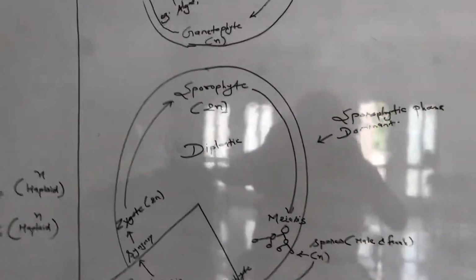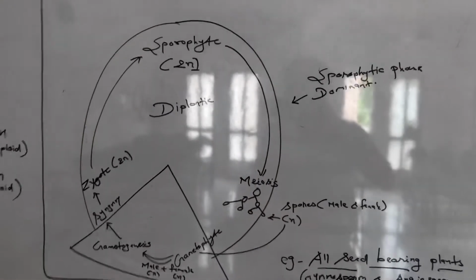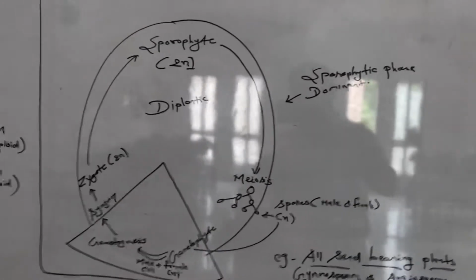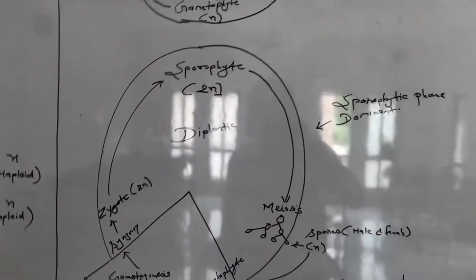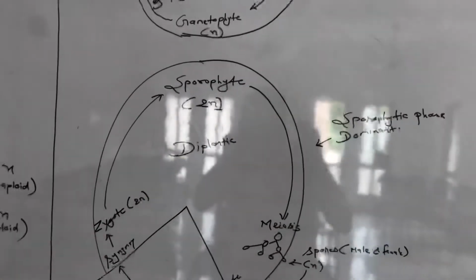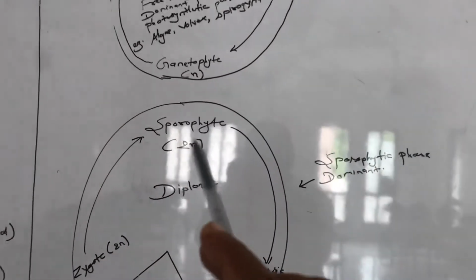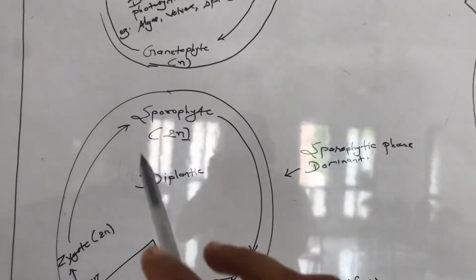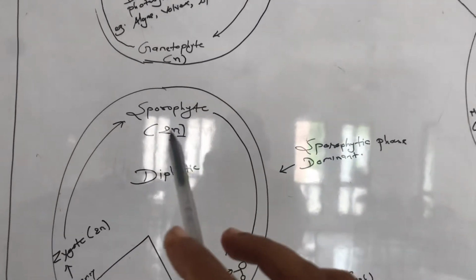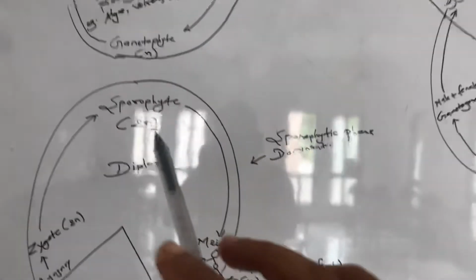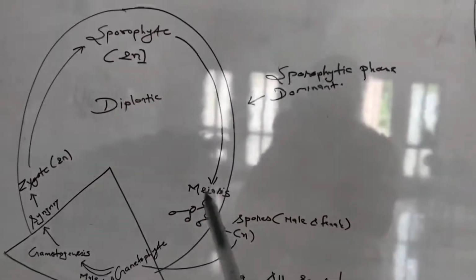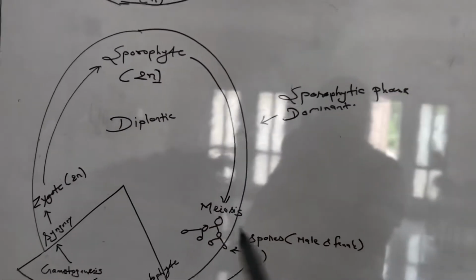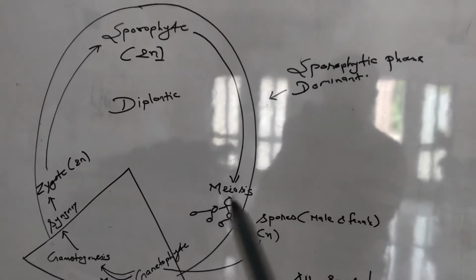Now let us come to the diplontic life cycle. So what is the diplontic life cycle? It starts with sporophytes. Here you can see sporophytes, which will be 2N, that is diploid in nature. From these sporophytes, meiosis takes place.